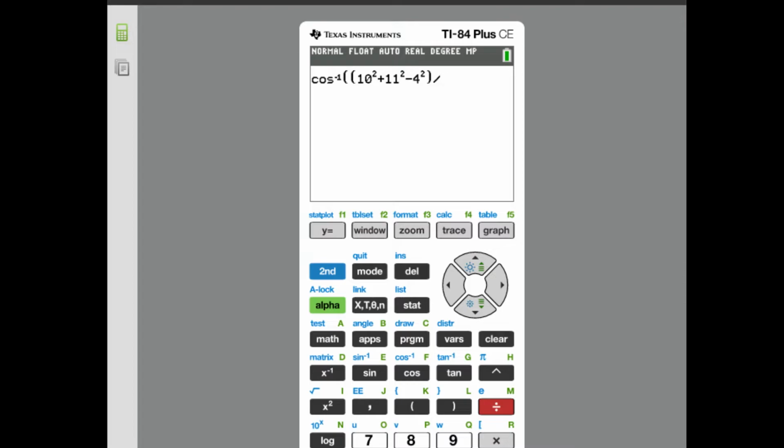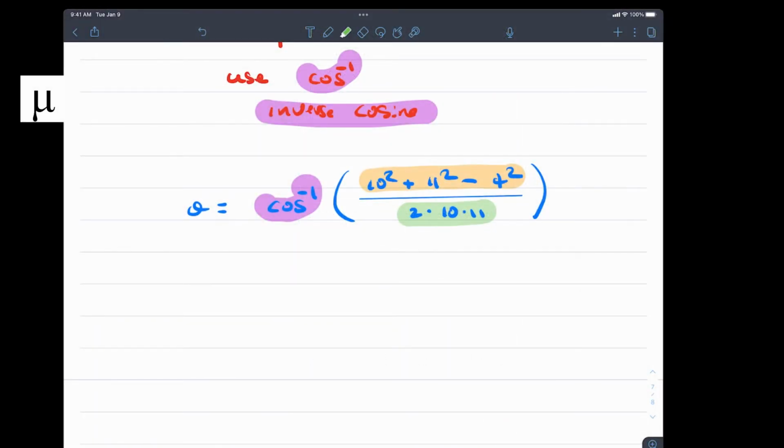Close that, divided by 2 times 10 times 11. Close this also. Okay? So what you're seeing here is the orange divided by the green.